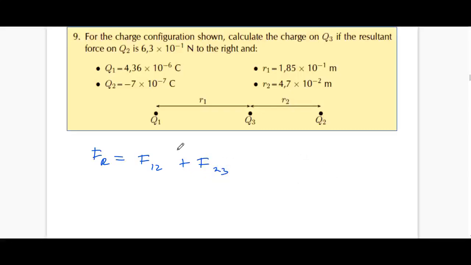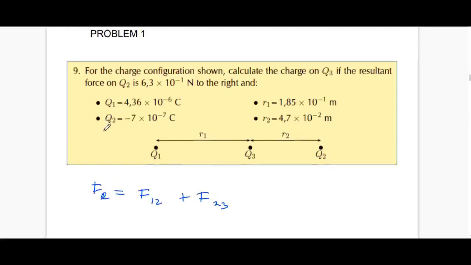Okay, but we know that Q2 is negative, so it's going to attract Q1 towards the right. We don't know about Q3, so we don't know if it's positive or negative, but we are told that the resultant is towards the right.